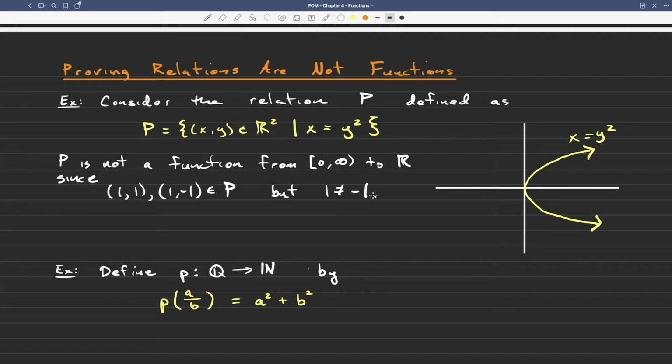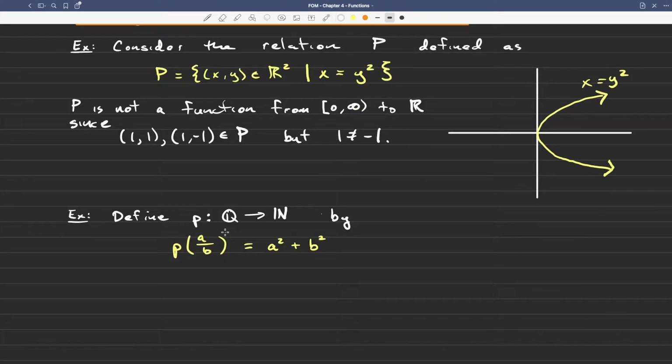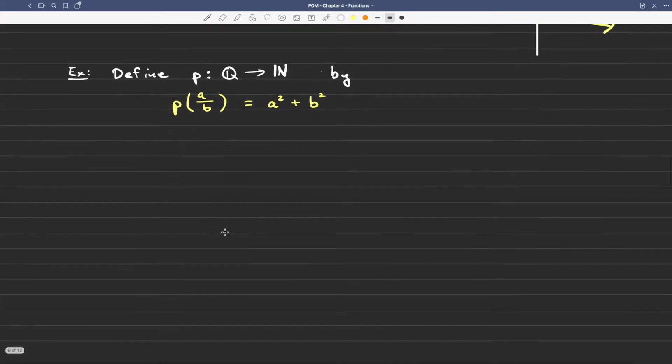So that's it. That's a proof that P is not a function from the interval 0 to infinity to the reals, because it fails the function property. Now here's a weird example, and this one really gets at why checking the function property can sometimes be a subtle thing that needs to be checked. I mean, this looks like a perfectly reasonable equation. I'm making a function, and it takes as input fractions.